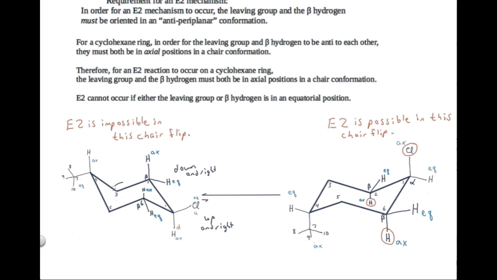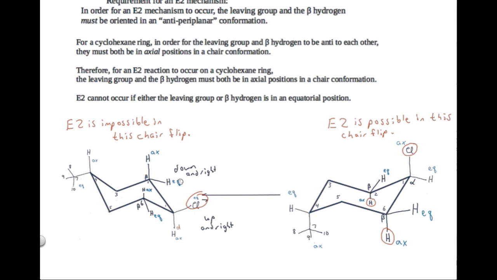This is the thing that would be anti to this chlorine. This chlorine is anti to carbon 3, because the chlorine is pointing up and right, and carbon 3, if you go on the bond from 2 to 3, that's pointing down and left. So this chlorine is anti to carbon 3, but that's no good. We need the chlorine to be anti to a hydrogen, not to a carbon.